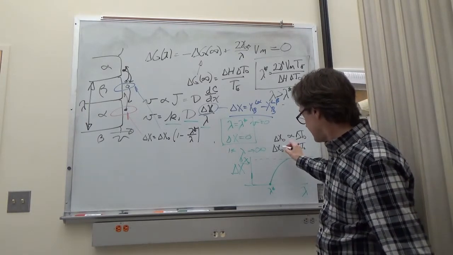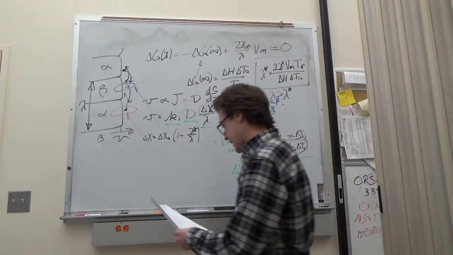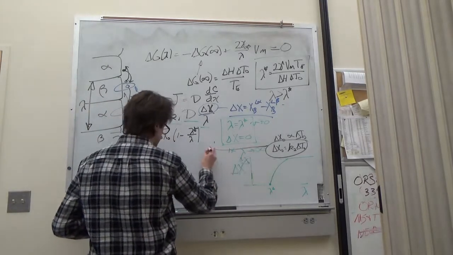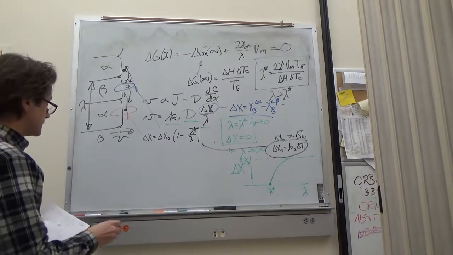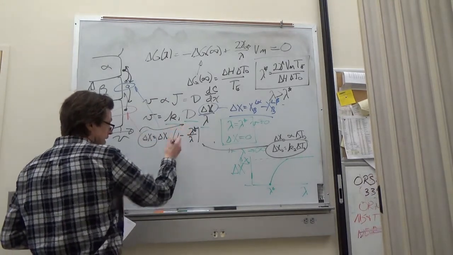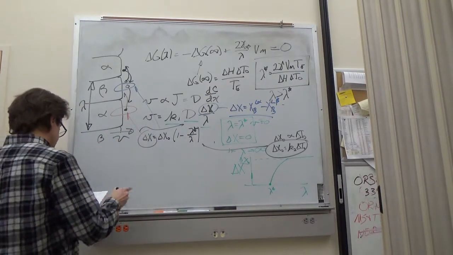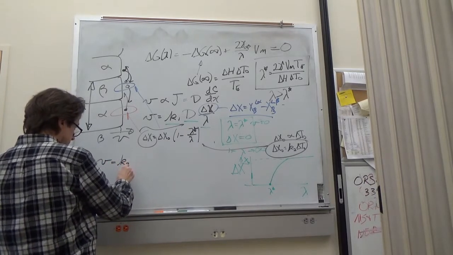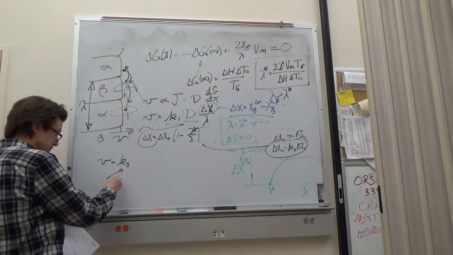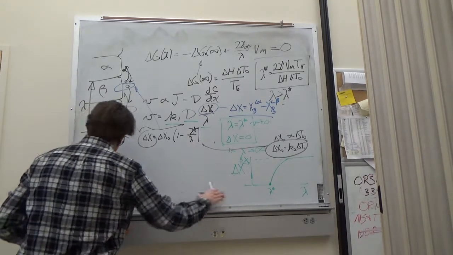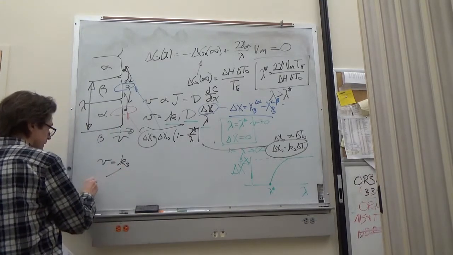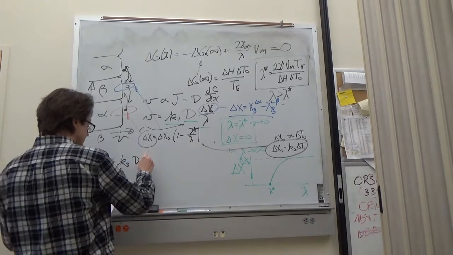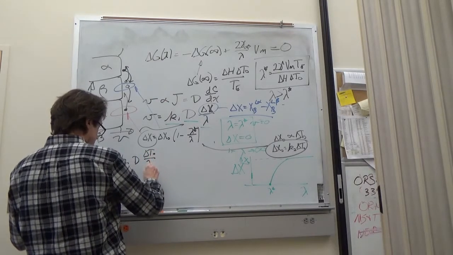So I can take this and put it into that expression, and put this expression into the velocity, and this will give us that the velocity is equal to a constant of proportionality, which I'm calling k3, which is just the product of k1 and k2, times D delta T naught divided by lambda.